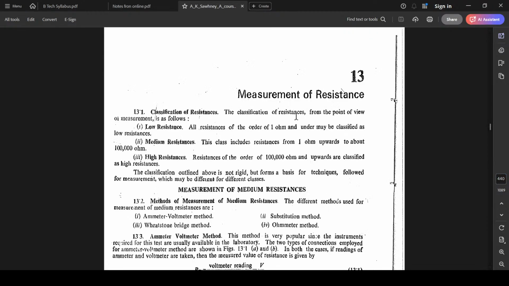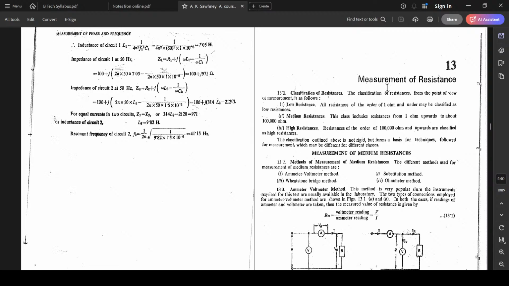Okay, here we are on 440. See, I was correct. Let's make it twice a page. No, let's keep it singular page.